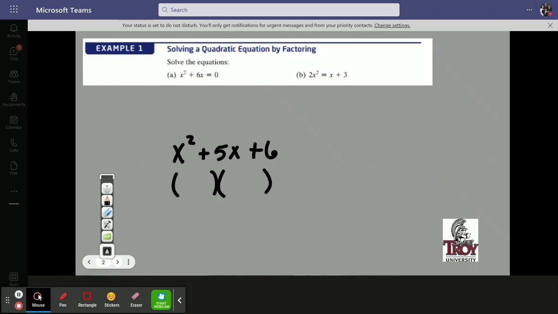I need two numbers that if I multiply those two numbers, I get a 6, but if I add those two same numbers, I get a 5. 2 and 3, right? 2 times 3 gives me 6. 2 plus 3 gives me 5. So I would break this down to x plus 2 and x plus 3. Yes? Getting some recall on it?